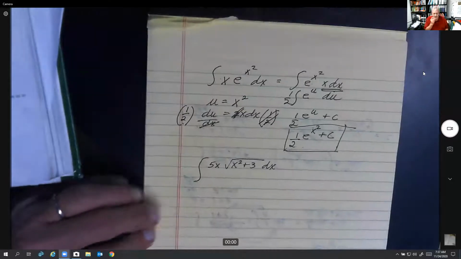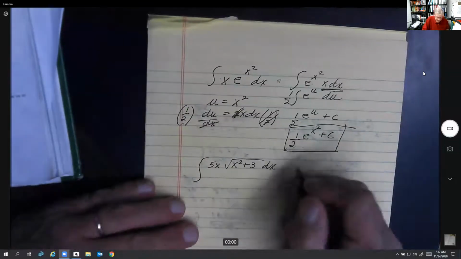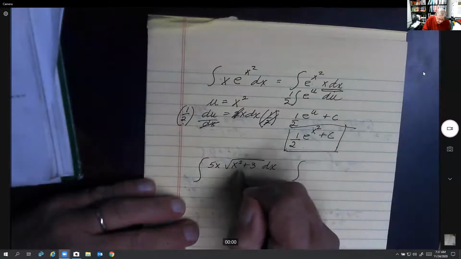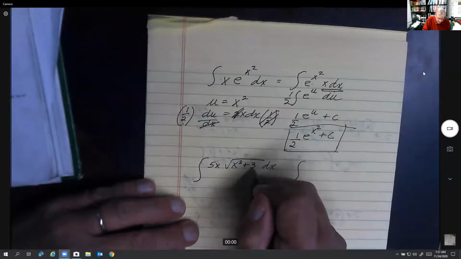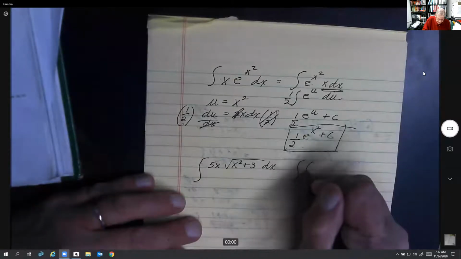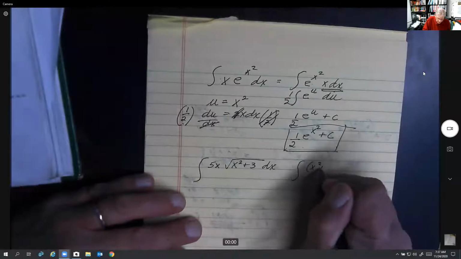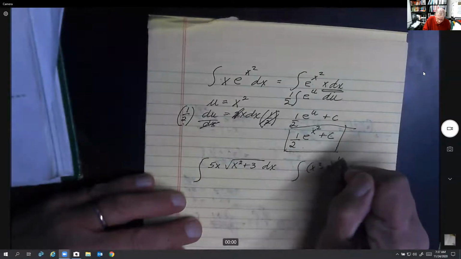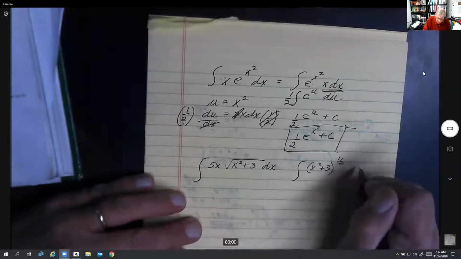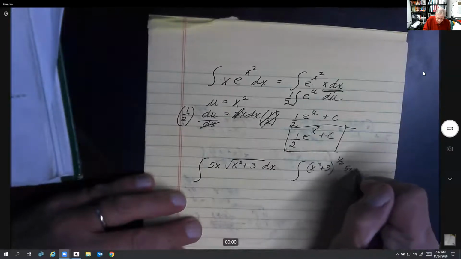What a mess, huh? Well, let's rewrite this as x squared plus 3 to the half power. And then let's write this as 5x dx.